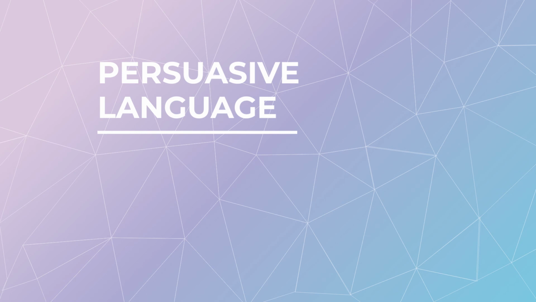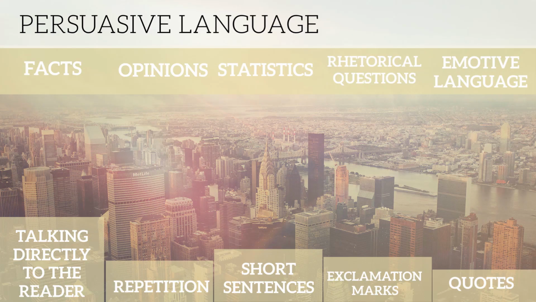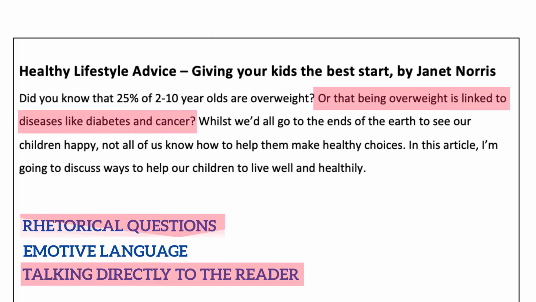Let's recap what we've learned. There are loads of persuasive techniques we can use to try to persuade the reader to agree with us. We started by recapping 3: rhetorical questions, emotive language, and talking directly to the reader, and we identified each of them in the Healthy Living article we were looking at.